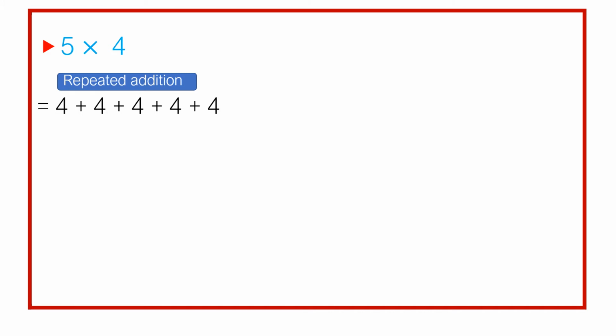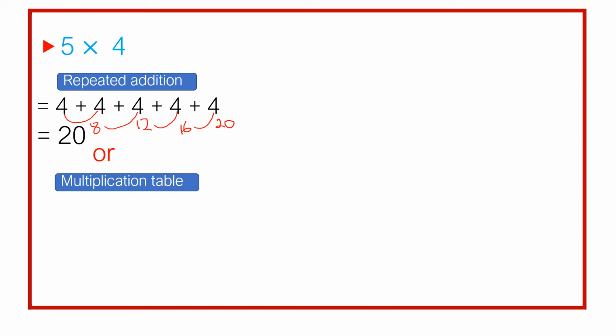If we add 4 five times, we come up with 4 plus 4, which is 8. 8 plus 4, we get 12. 12 plus 4, we get 16, and 16 plus 4, we get 20. So 5 times 4 equals 20.